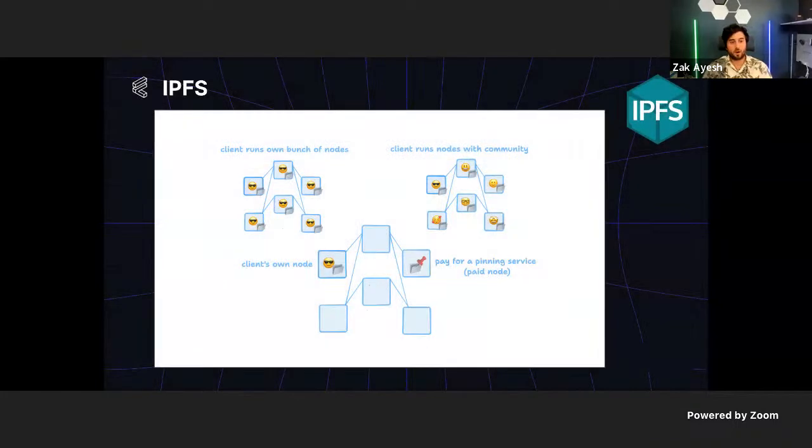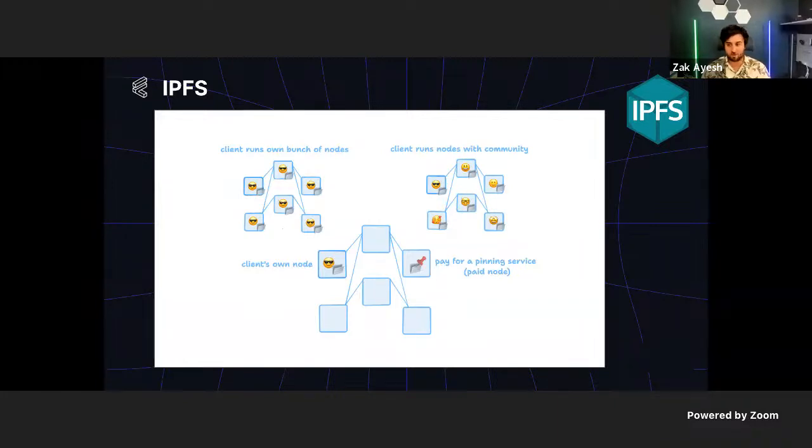Right, so on IPFS, you can run your own node and or run a bunch of your own nodes and pin data to it. You can run nodes with the community, and if the community really likes a specific piece of data, they can run nodes and keep that data alive. Or you can run your own node and pay for a pinning service to keep data alive, right?